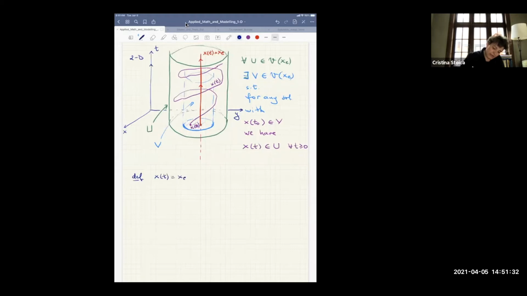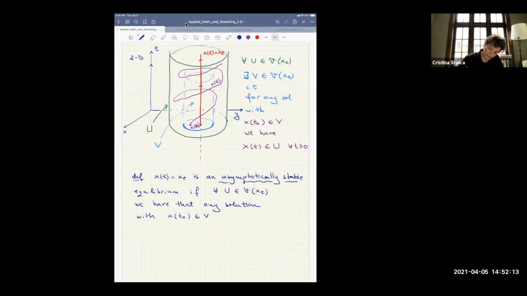X of T, with equilibrium Xe, is an asymptotically stable equilibrium if for any neighborhood U of itself, any solution that starts in this U fulfills that the limit of X of T, as T goes to infinity, tends to the equilibrium, that is, the distance is 0.